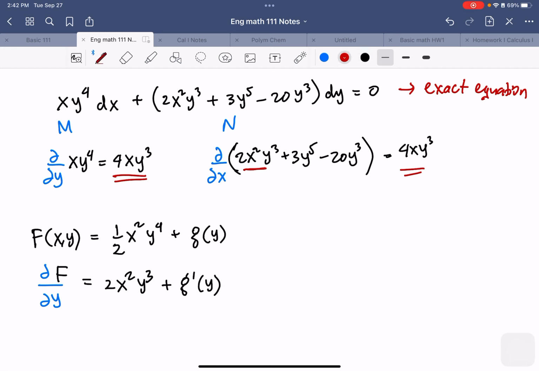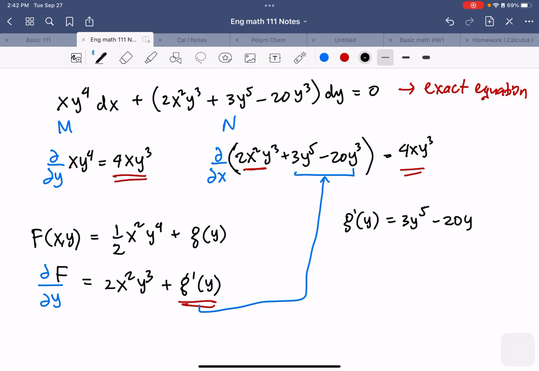And you see that we have the same structure, right? 2x squared and y cubed. So g prime will be this whole expression, 3y to the power of 5 and so on. So this part will be, let me just write with the arrow here to show you that it is equal to this. So g prime of y is with that.